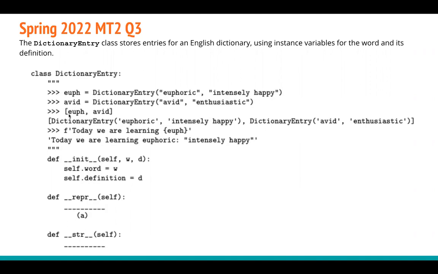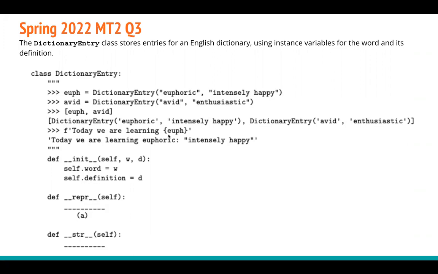And then we have a list containing youth and avid, and returning that list, we get dictionary entry euphoric, intensely happy, and dictionary entry avid, enthusiastic. And for the F string, today we are learning youth, we get today we are learning euphoric, colon, intensely happy.